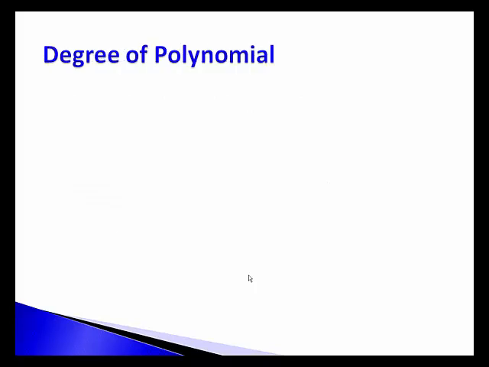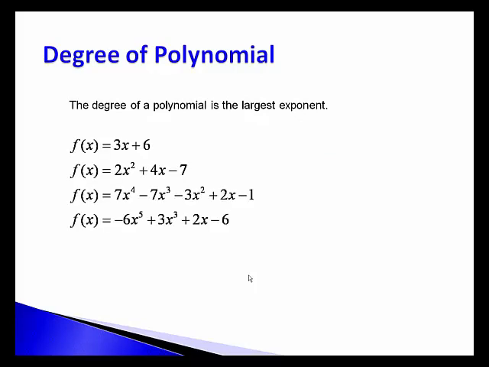Let's move on now to degrees of polynomials. The degree of the polynomial is the largest exponent. Let's once again take these same four functions and I'll ask you for their degree. Well, you don't see an exponent written here, but just let me remind you that's a 1. So the degree of this first function is a 1. You would tell me it's a first degree polynomial.